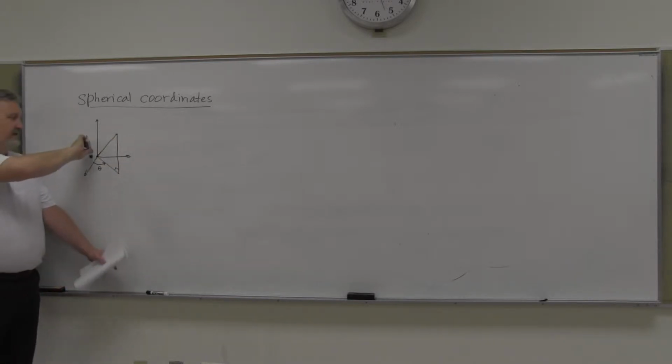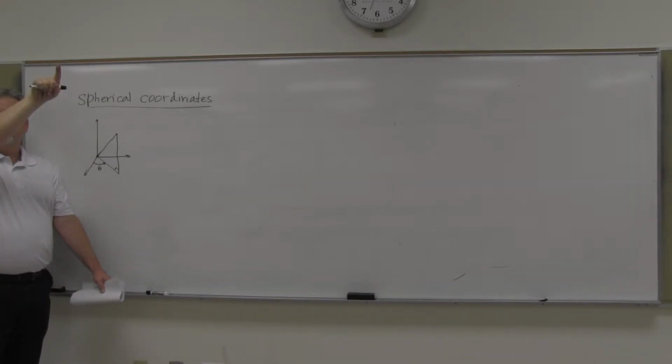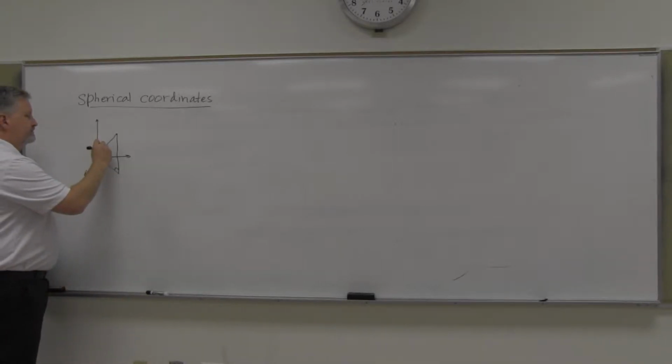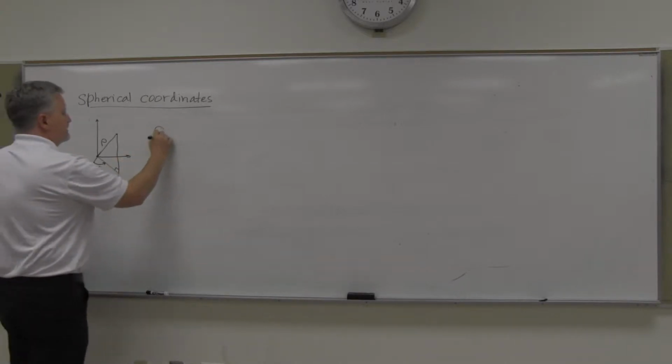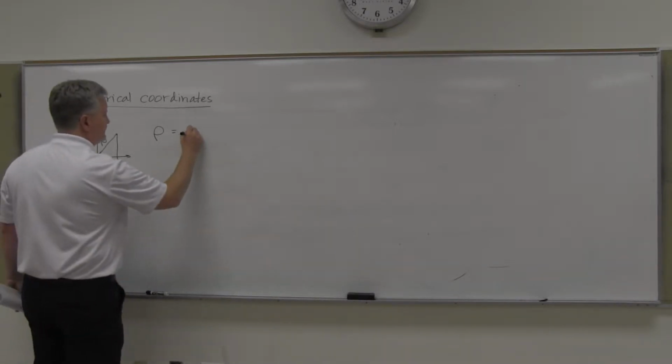So in actuality, this point is out here and then up, so we're going straight to that point in space. That's called rho, and that's part of the spherical coordinate. So rho is just the distance from the origin directly to the point.